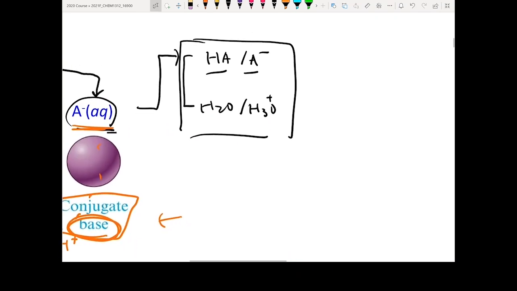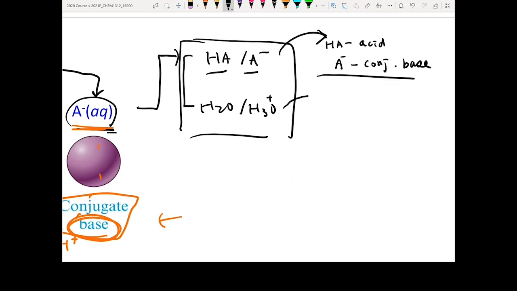In this case, we'll say HA is the acid, A minus is its conjugate base, H2O is the base, and H3O plus is the conjugate acid.